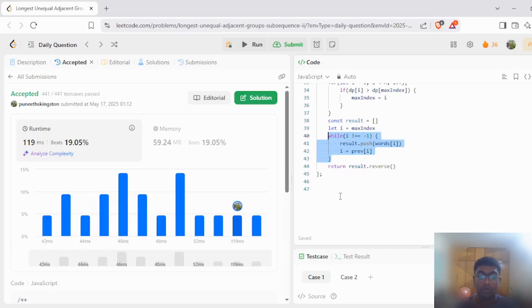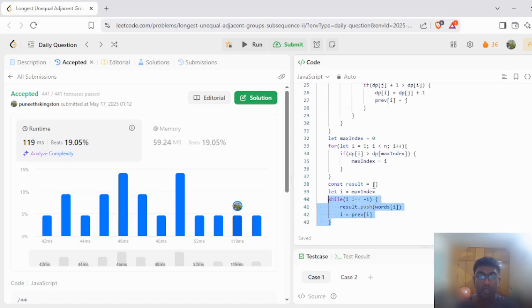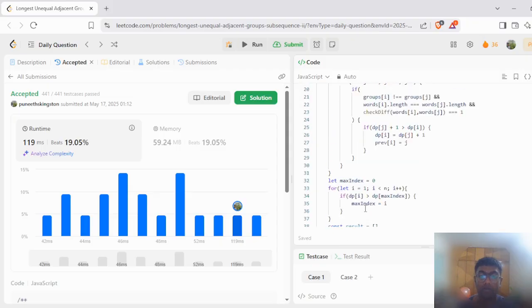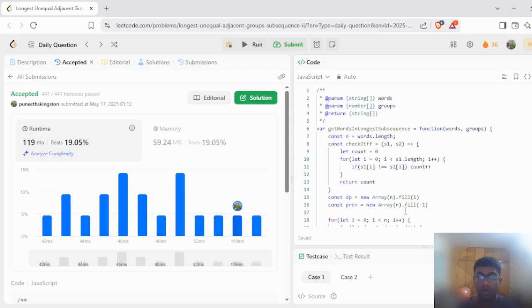So time complexity would be O of n square plus the length of the array of previous index. And we would have two arrays which would be of length n, so it would be 2n or just n. Alright, that was time and space complexity.